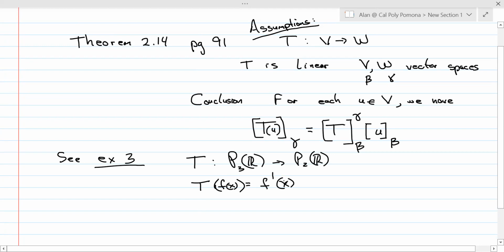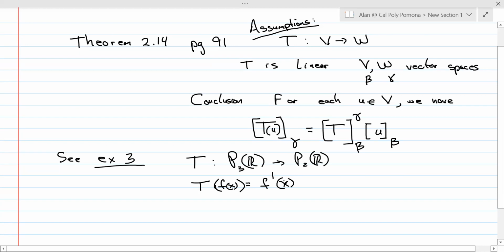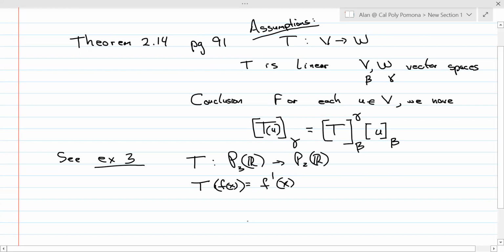According to example 4 in section 2.2, we can just repeat this if we need to. If we look at the matrix A, which is corresponding to this transformation, let's make sure I'm going the right way.